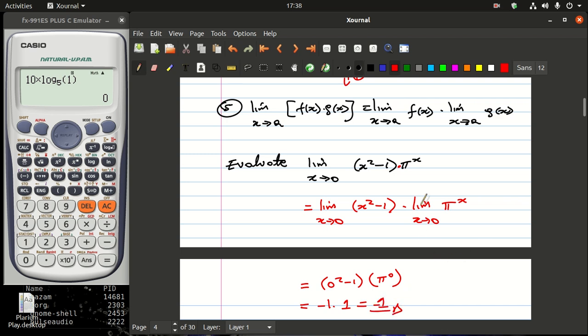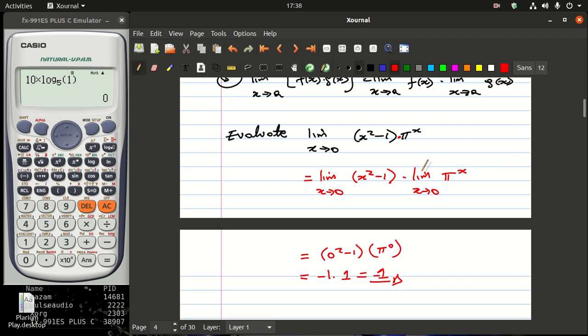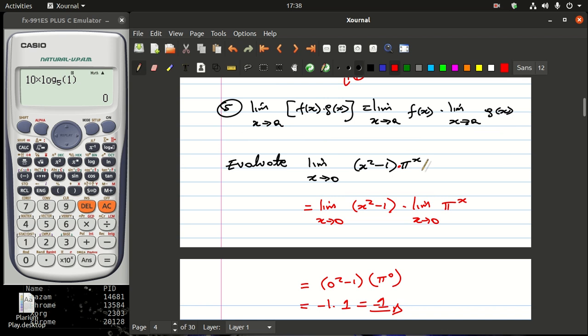Another thing you could have done is just plug in, and then you would have found your values without writing all that. But the most important thing now is that you can recognize that you have two functions being multiplied together. Of course, most of the time when you're dealing with limits, you don't have time, so the first thing you usually do is plug in. And if you are getting a value, that's your limit.